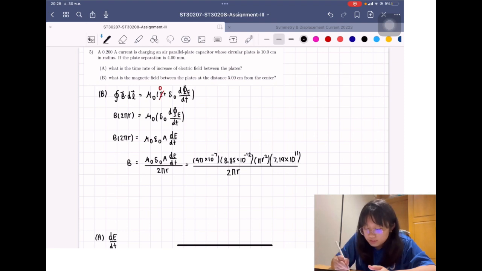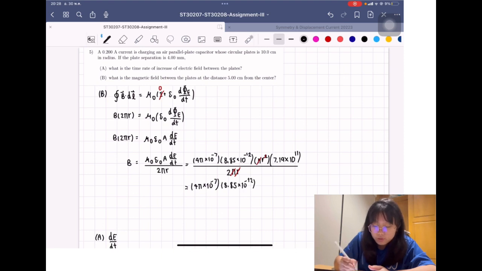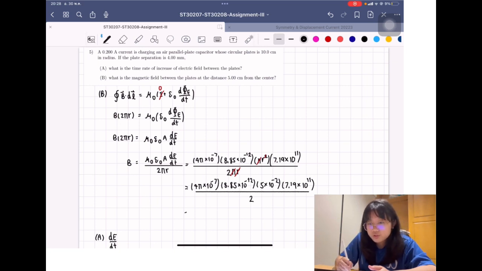And we can get that B is 4 pi multiplied by 10 to the minus 7, multiplied by 8.85 multiplied by 10 to the minus 12, multiplied by r, which is 5 multiplied by 10 to the minus 2, and multiplied by 7.19 multiplied by 10 to the 11, divided by 2, which is equal to 2.0 multiplied by 10 to the minus 7 T.